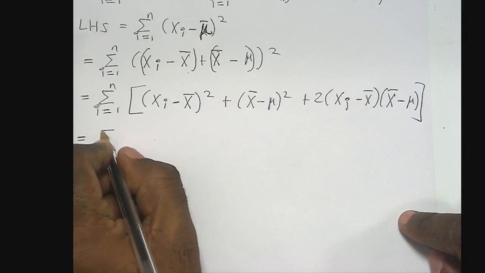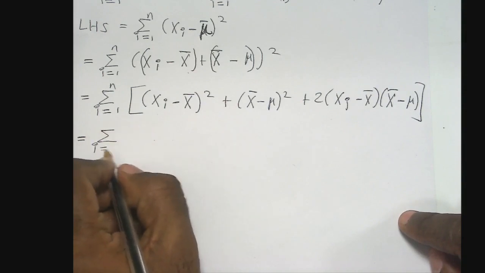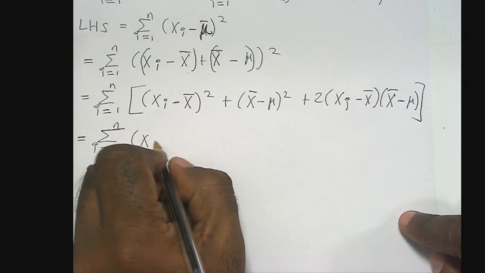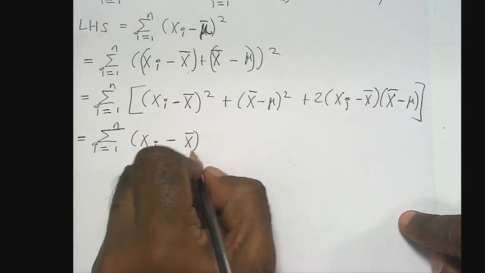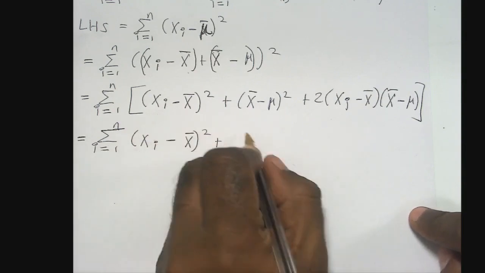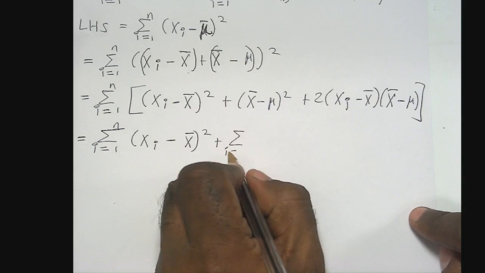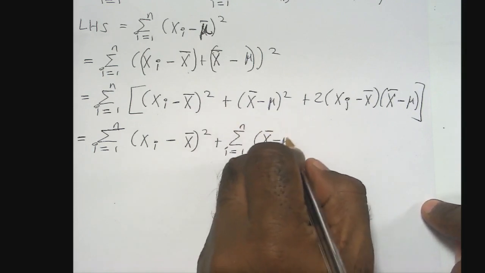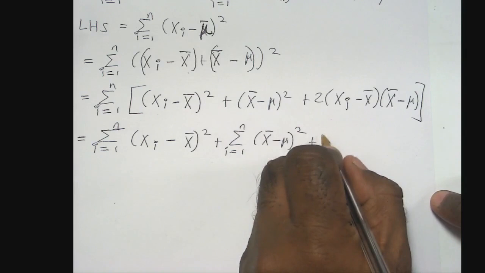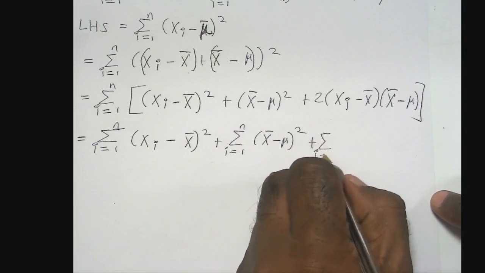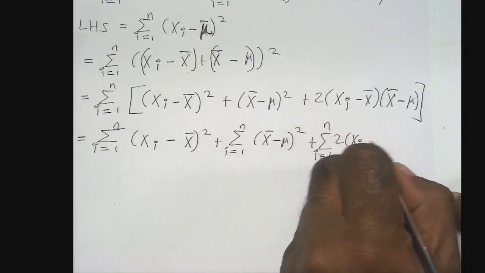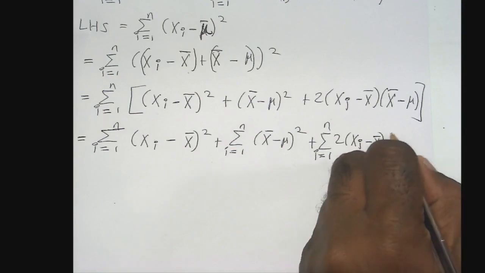You get the first sum, the second sum is this one. The third sum is this.